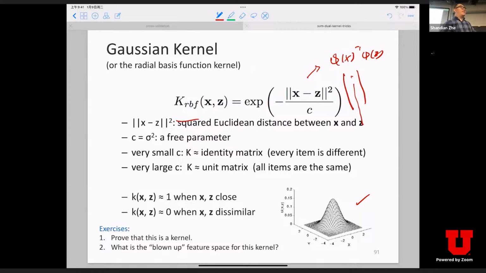But I'm just telling you it's an infinite dimensional, infinitely long vector. If you're interested, you can try to derive it. I guess our homework 4 has a bonus question asking you to do that. Feel free to try, you will have some fun. This is just showing you the power of the kernel trick.